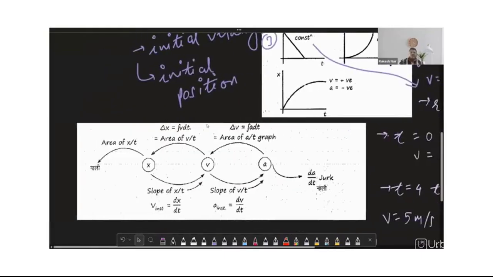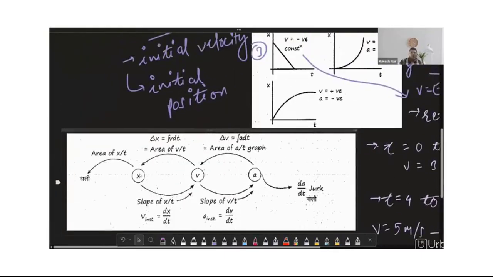Moving on to one of the concept maps which can be very predominantly deduced from the observations of changes in position, changes in velocity, and changes in time, acceleration, with respect to time. Time being the variable.